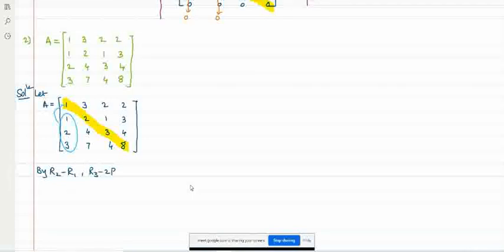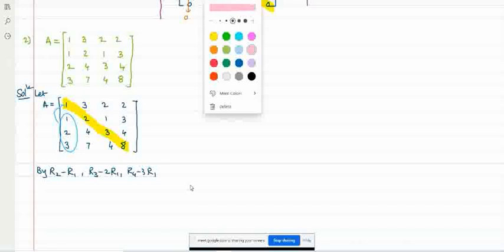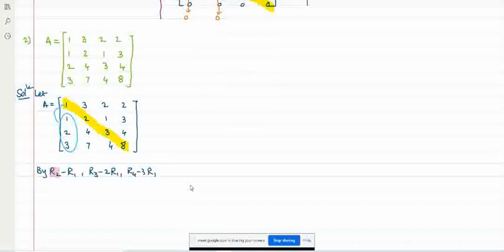R3 minus 2R1 and R4 minus 3R1. These transformations show change in the second row, third row and fourth row. First row, no change.